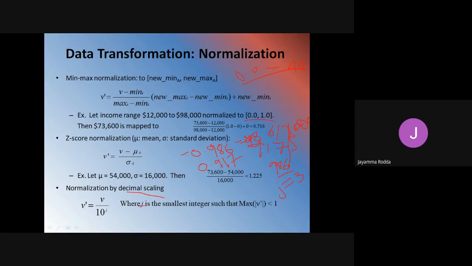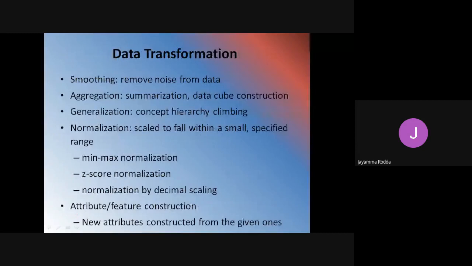Okay, and it is not written here. Let me discuss attribute or feature construction also. In attribute or feature construction, new attributes are constructed from the given attributes. New attributes are constructed in order to improve the accuracy of our understanding of the structure of the data, so that the user who is going to use the data will improve his knowledge of the data.